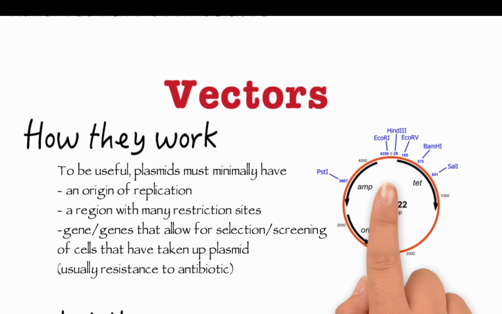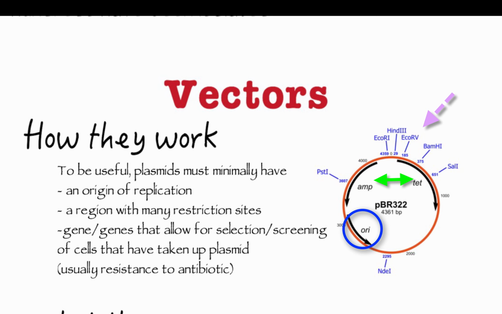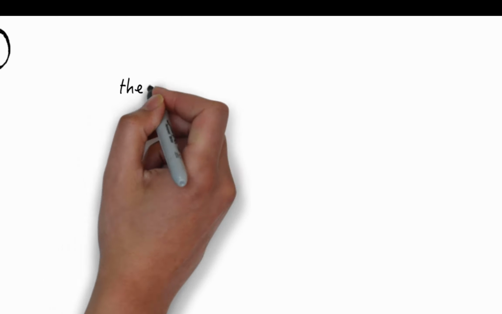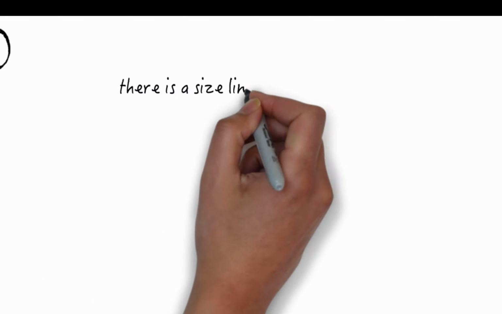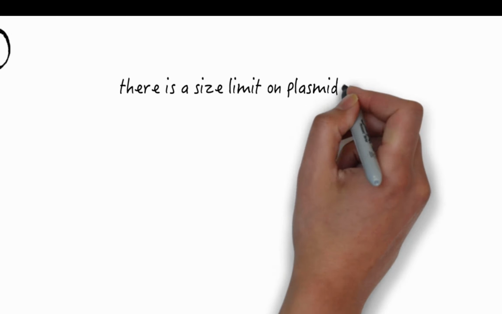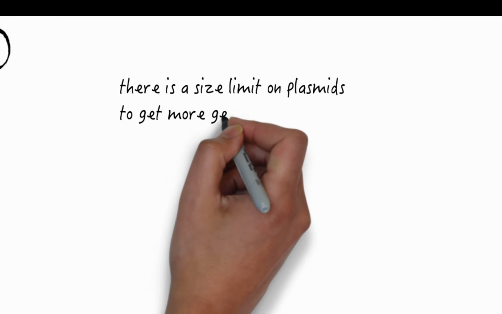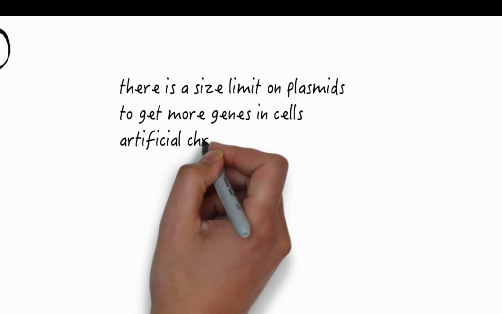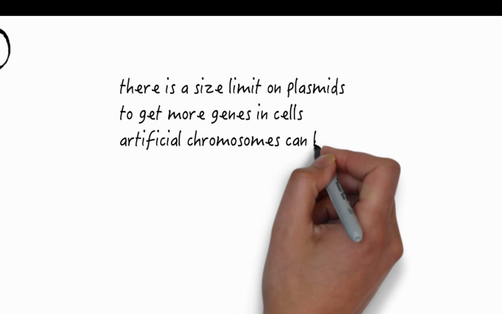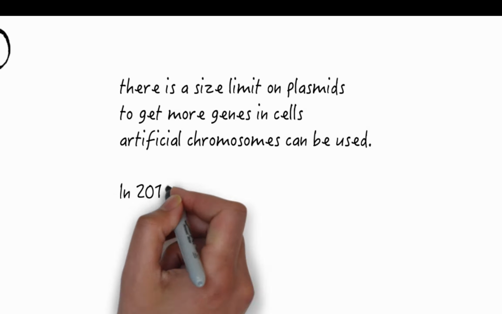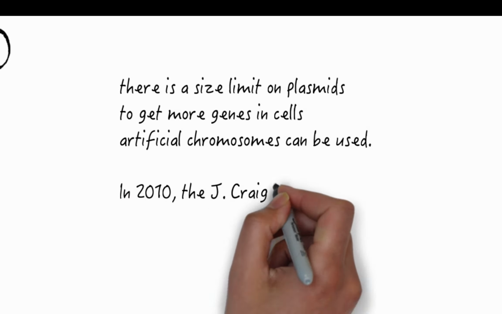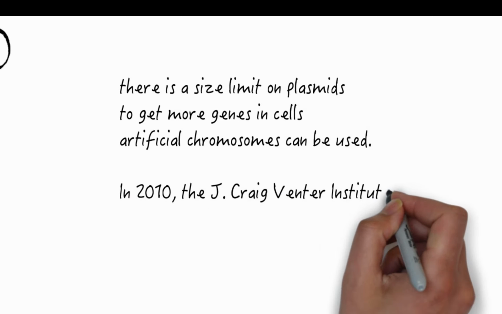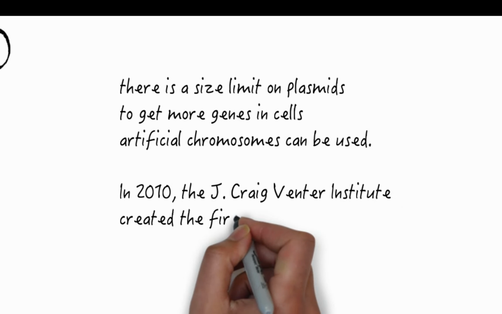You can see in this map of a plasmid all of these features. However, there is a size limit on how much DNA we can insert into a plasmid. To get more genes into a cell, we must use artificial chromosomes. In 2010, the J. Craig Venter Institute created the first cell with a completely synthetic chromosome.